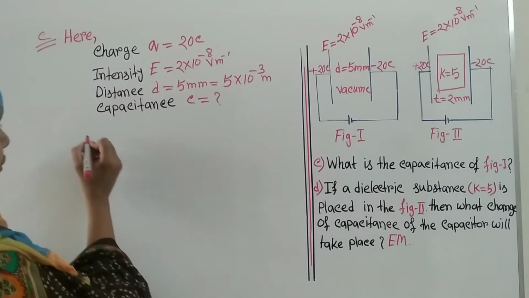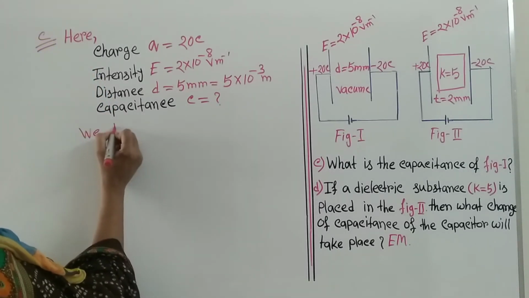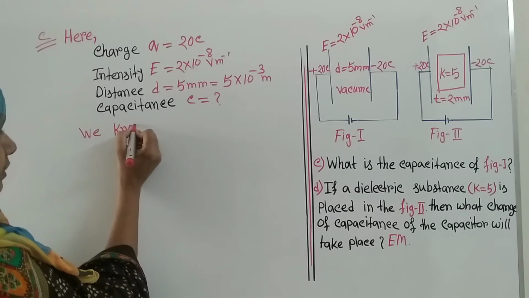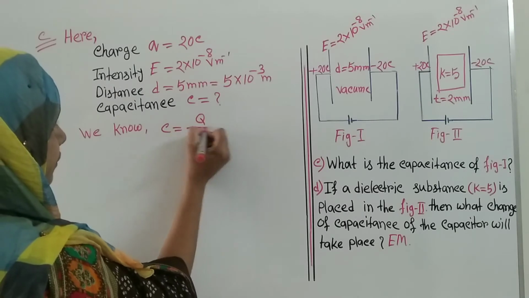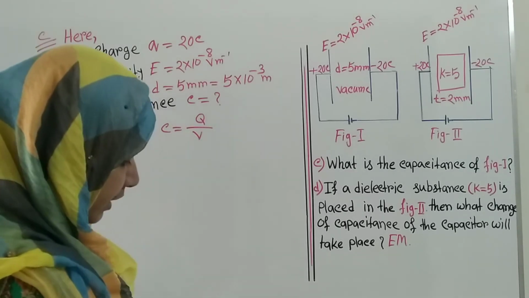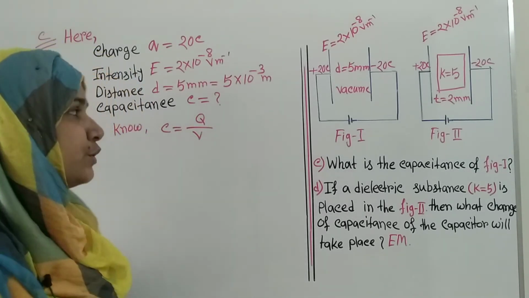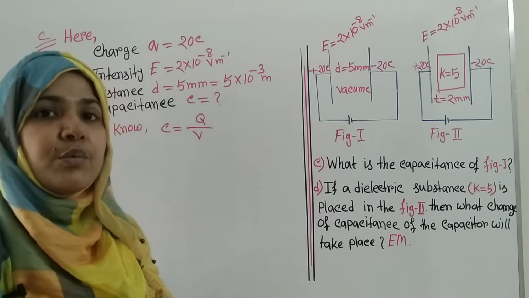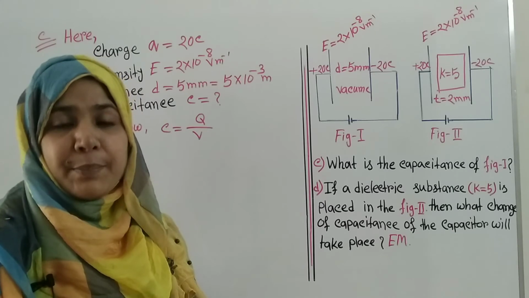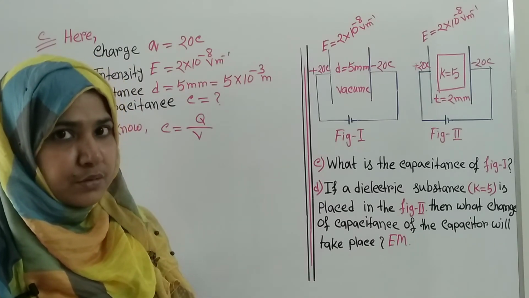Now students, you know that C is equal to Q divided by V. Here you can ask why I am using this formula, as we already know the formula to calculate the capacitance of a parallel plate capacitor.